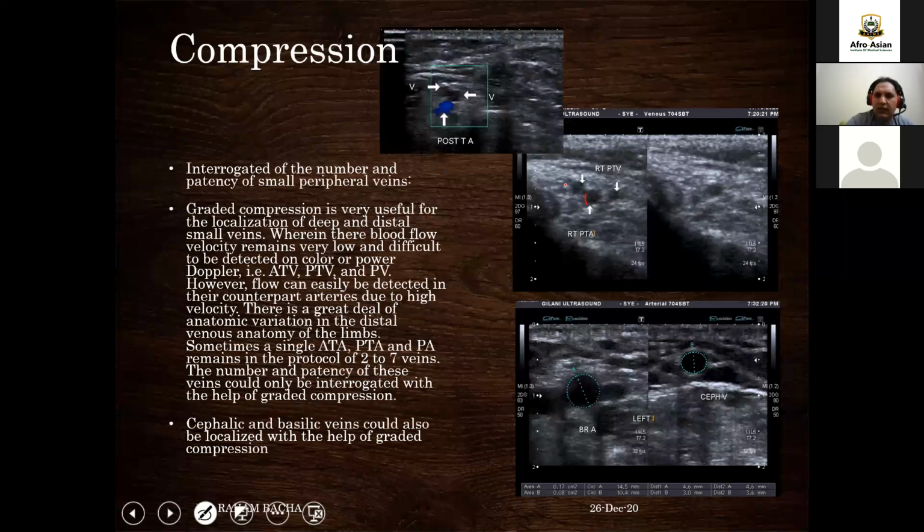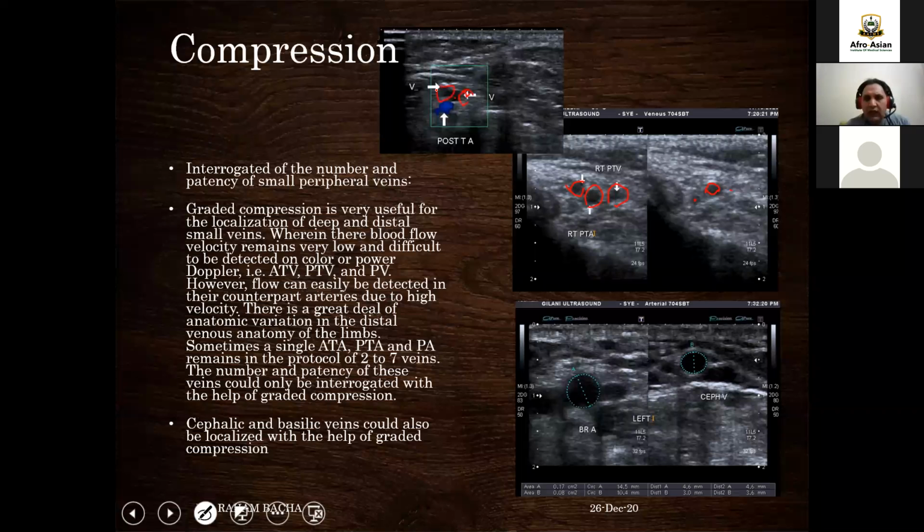With the help of compression, now only the artery appears, but the two veins disappear. In the same way, here you can see the femoral artery, which is accompanied by two veins here and here. So that could be achieved with the help of compression.